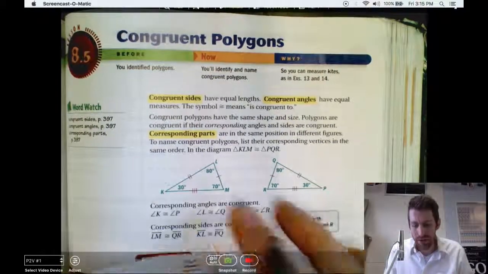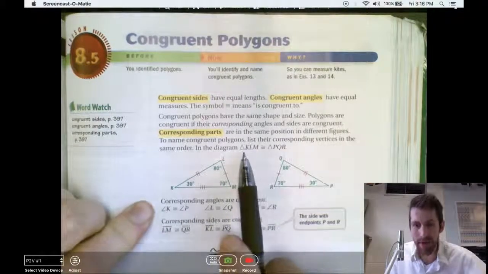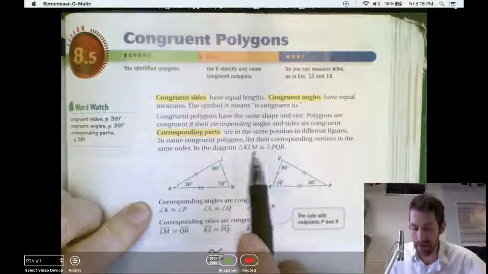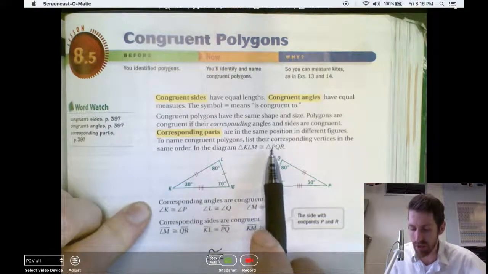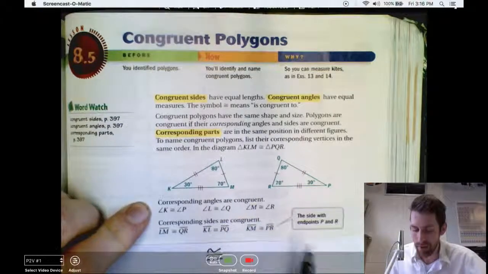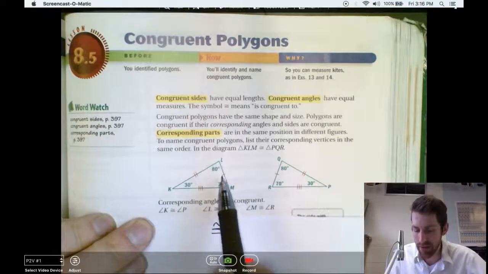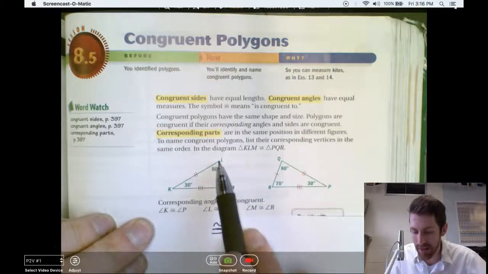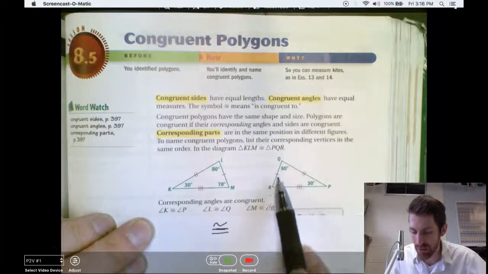So check out these two triangles. This statement right here is a congruence statement. Triangle KLM is congruent to triangle PQR. And so if these are congruent, these are little congruence marks here. So line LM is congruent to line QR.